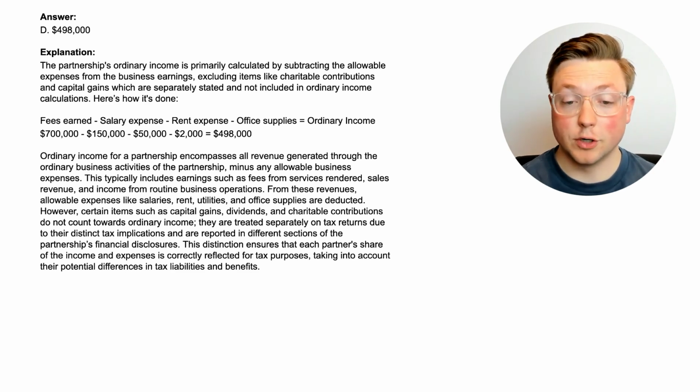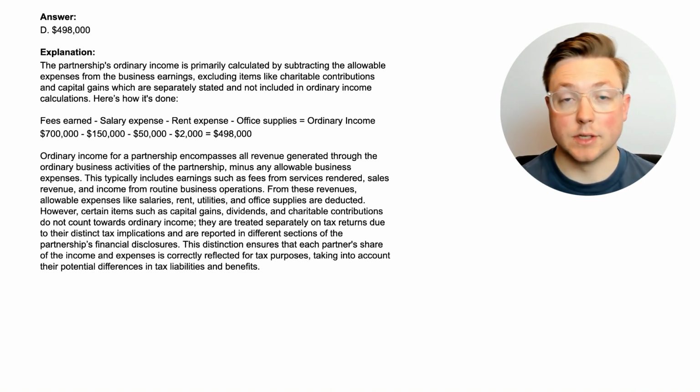Ordinary income for a partnership encompasses all revenue generated through the ordinary business activities of the partnership, minus any allowable business expenses. This typically includes earnings such as fees from services rendered, sales revenue, and income from routine business operations. From these revenues, allowable expenses like salaries, rent, utilities, and office supplies are deducted.